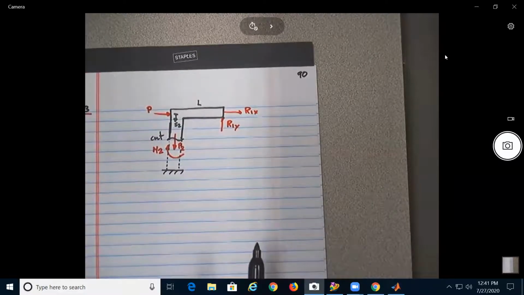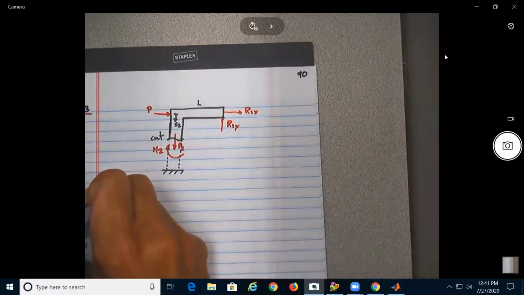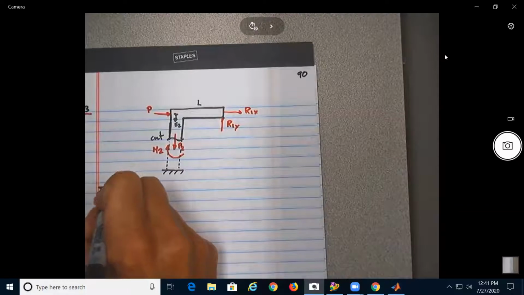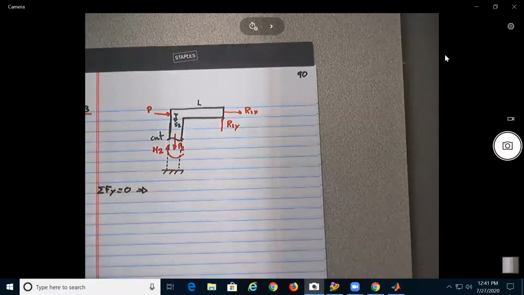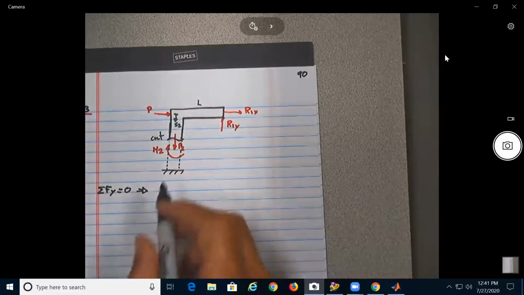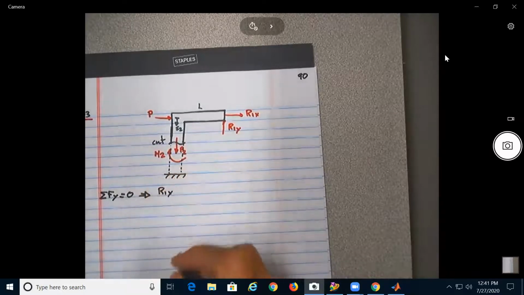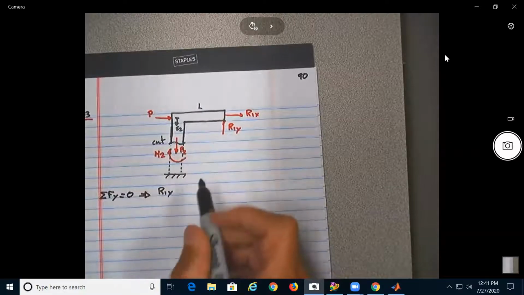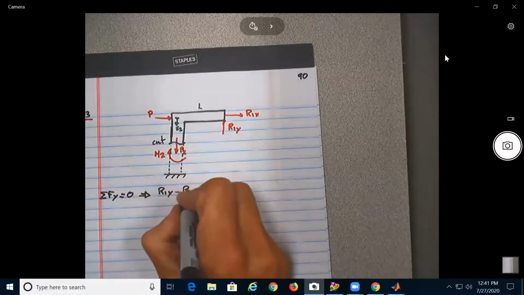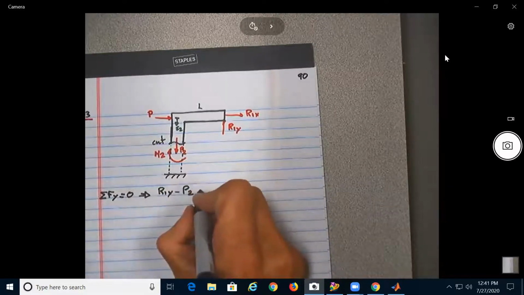So in order to find P2, what we need to do is summation of forces in the Y. Which will give you what? R1Y. What else do we have? Minus P2, let me check, yeah, equal to 0.